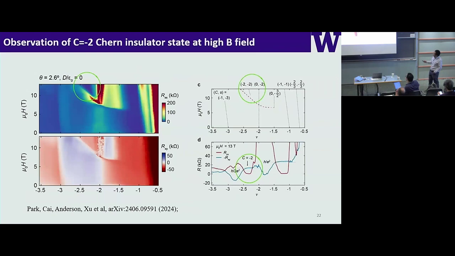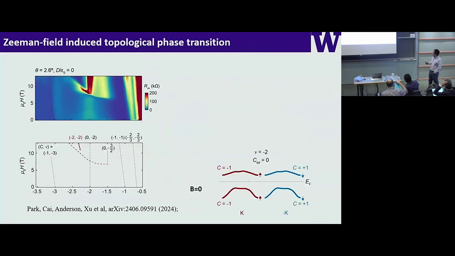But at this little corner here, RXX actually vanishes with quantized RXY. So at least in the line cuts at 13 Tesla, you see that RXY actually quantizes at Chern number 2 with RXX vanishing. So this tells us that there's a Chern insulator with Chern number -2 developed at high magnetic field. So how do we understand this data?